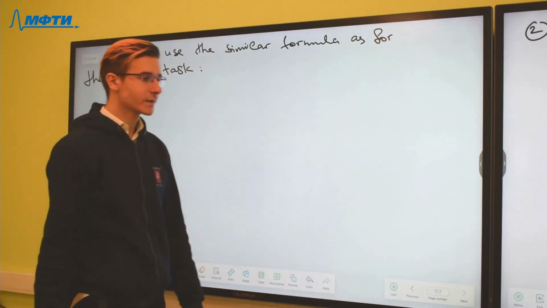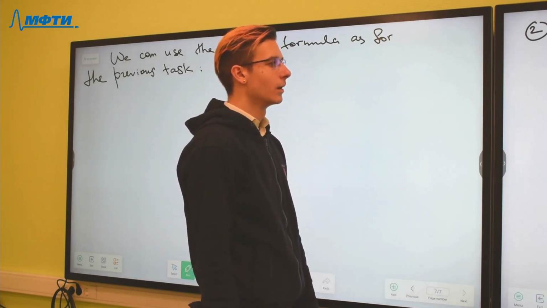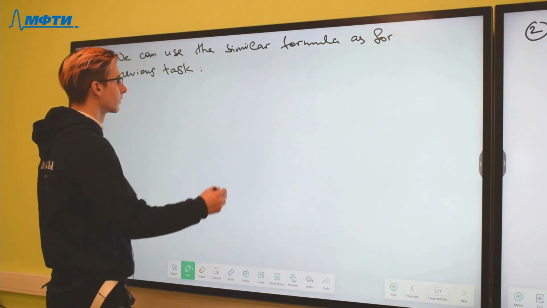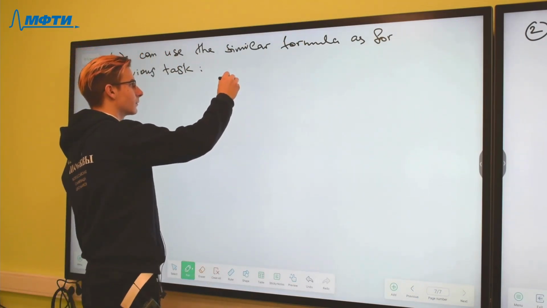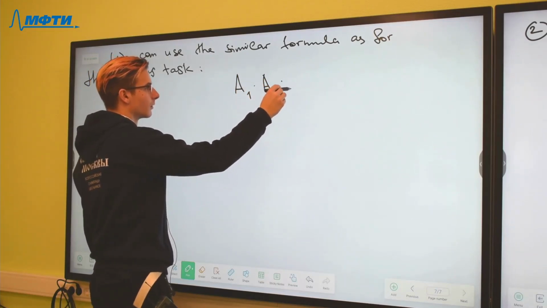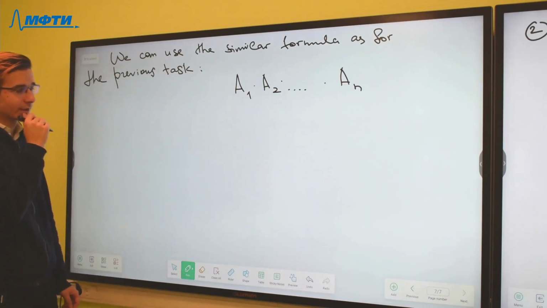We can say that the last multiplication can be between... what is the last multiplication?